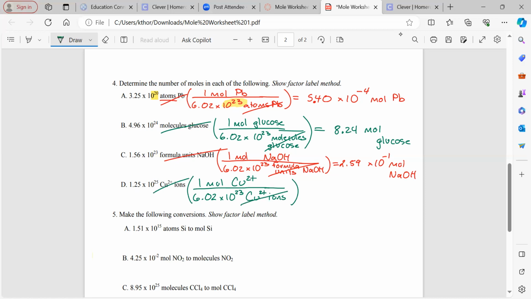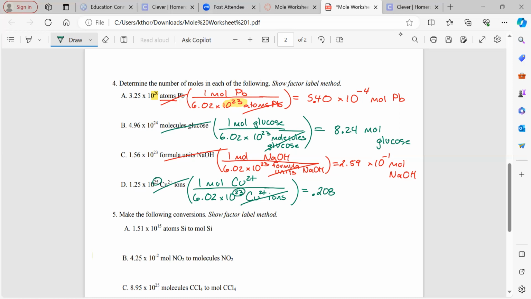Cancel those out. So I'm going to put in my calculator 1.25 divided by 6.02 equals 0.208. Again, this is my raw score. We'll adjust in a moment.